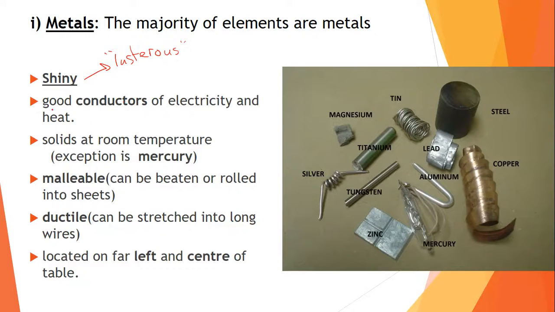They're good conductors of electricity and heat. They are solid at room temperature except for mercury. Mercury is the only liquid metal at room temperature. What's room temperature again? We can measure it a couple of ways: degrees Celsius, and Kelvin.